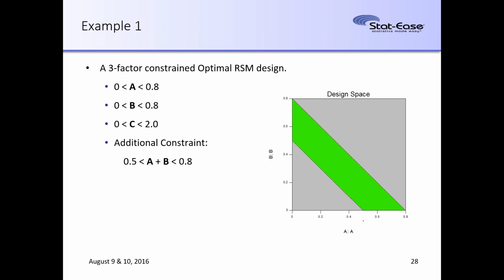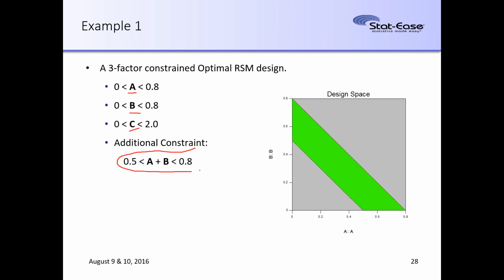Okay, so the first example here is a 3-factor optimal RSM design. I've simplified this problem quite a bit so that we don't have to worry too much about the science, since we don't have all that much time. This way, everybody understands what's going on right away. So you could pretend these are any factors. A goes between 0 and 0.8, B goes between 0 and 0.8, and C goes between 0 and 2.